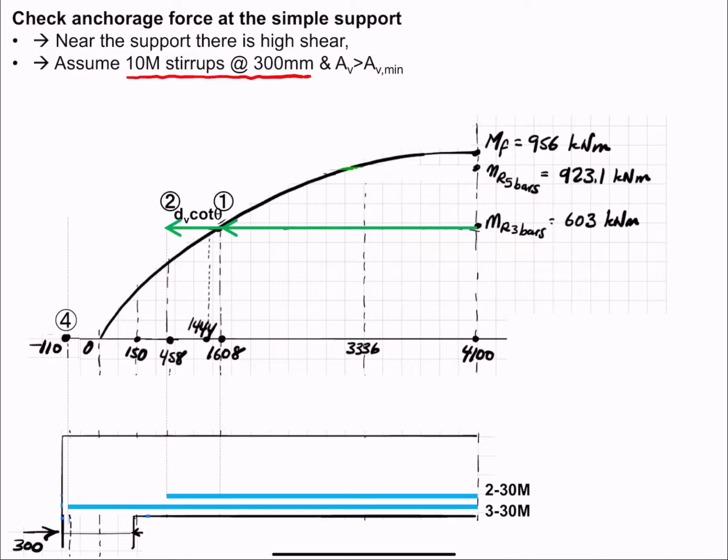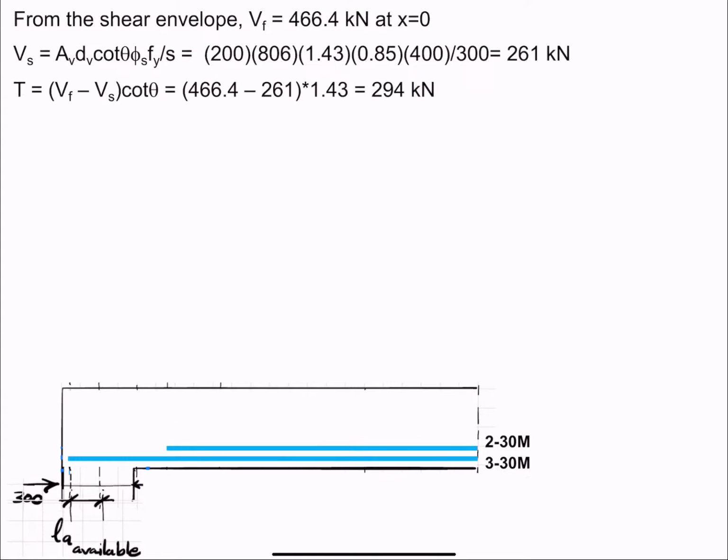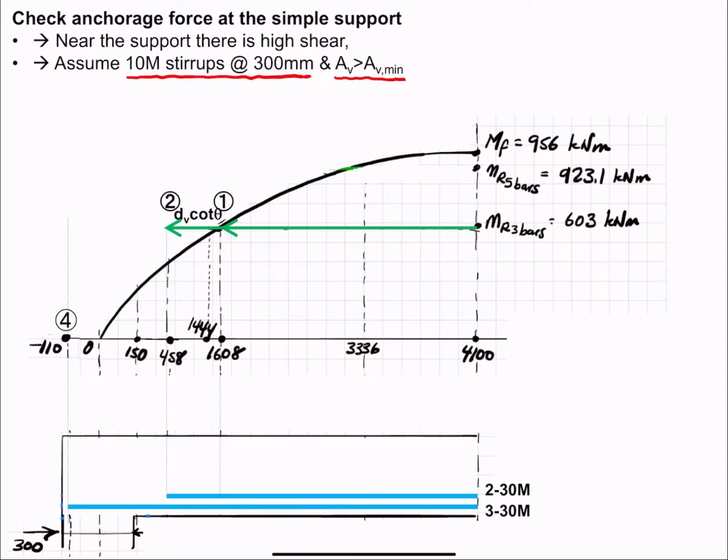So this means that Av is bigger than Av minimum, so we'll be checking the first equation. That first equation was Vf minus 0.5 Vs, all multiplied times the cotangent of theta.